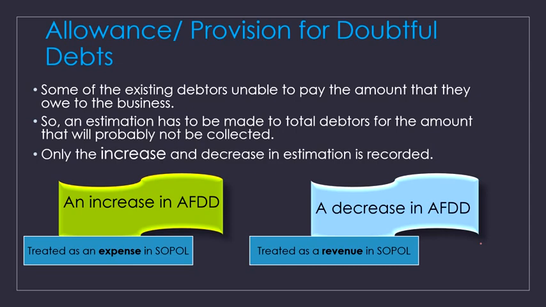Only the increase and decrease in estimation is recorded. You see this. So what you all need to know, allowance for doubtful debt or provision for doubtful debt is an estimation. The company has estimated that it will not be able to collect that account receivable.